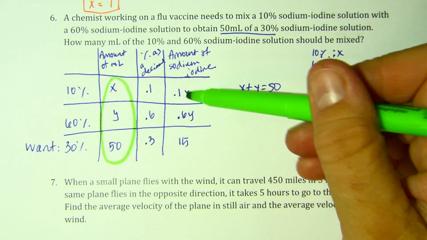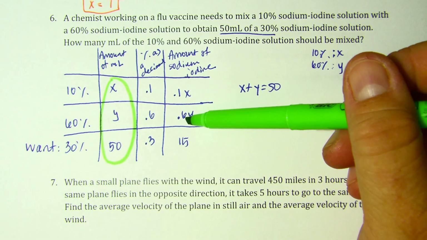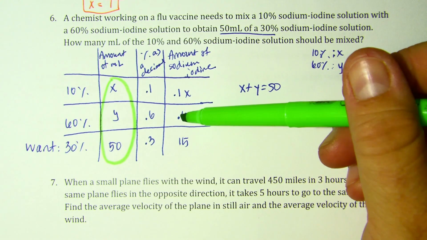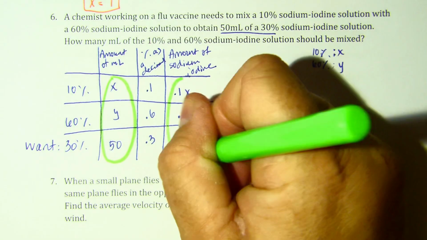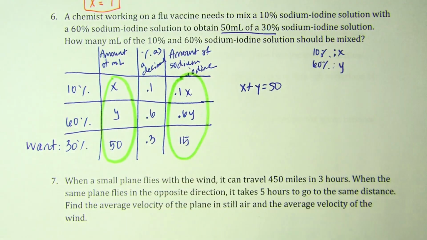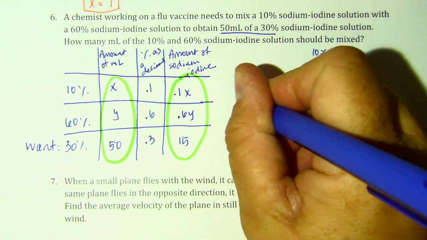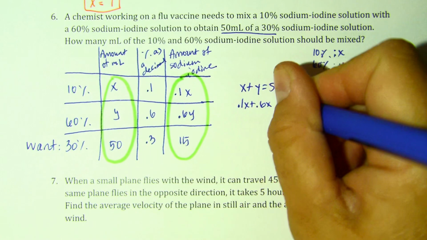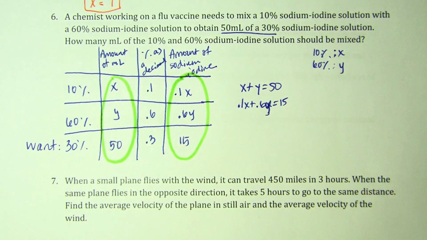And then here, however much sodium iodine is in this mixture, plus however much sodium iodine is in this mixture, is going to give me however much I'm going to have in the end here. And so that gives me my other equation here. So 0.1x plus 0.6y equals 15.